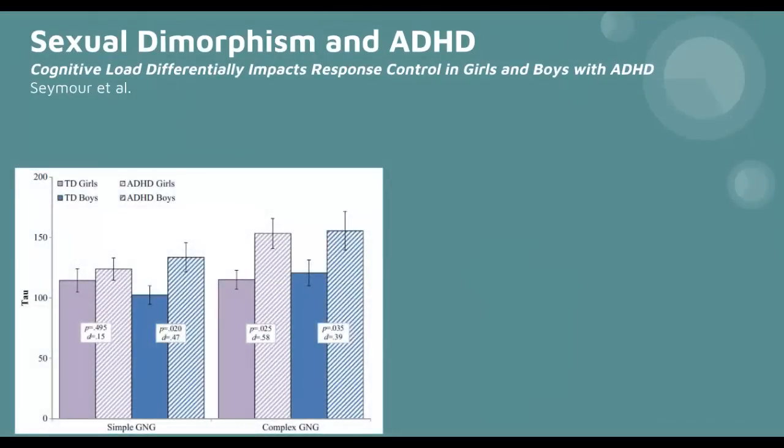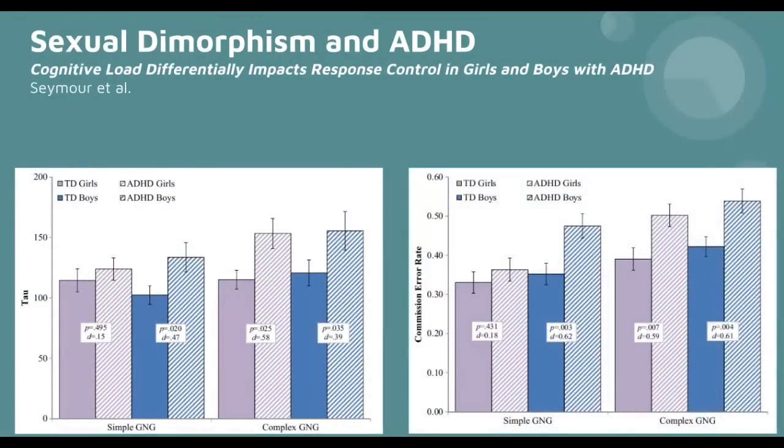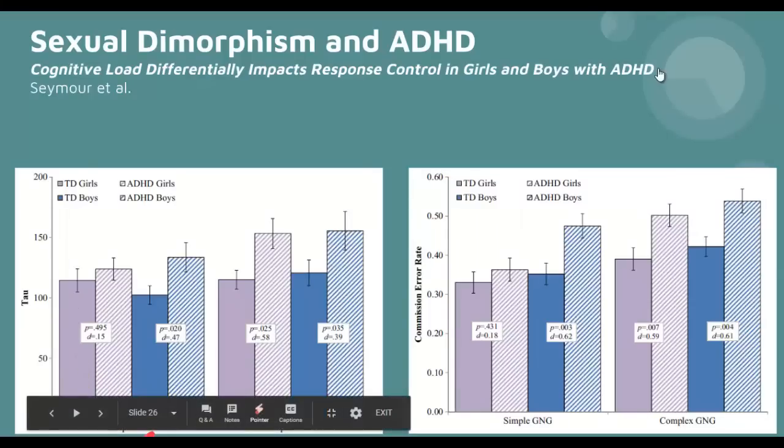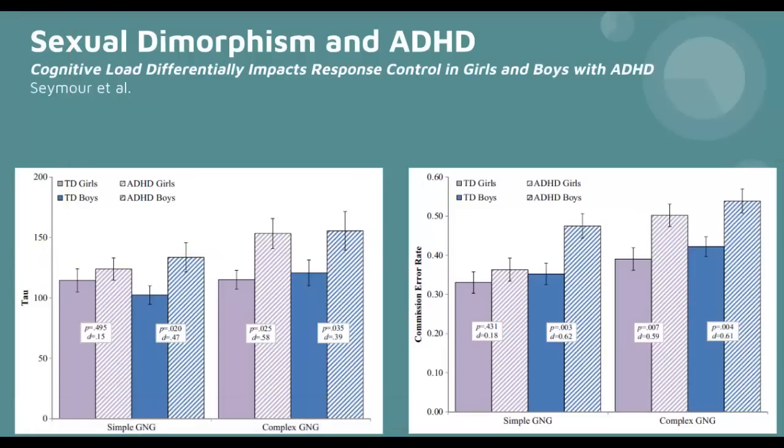So in this particular study by Seymour and compadres, they did a standard go, no-go task and measured a couple of things. So here they had the simple versus complex, you can see here down along our x-axis, and along the y-axis they have two measurements, one called commission error rate and one called tau.